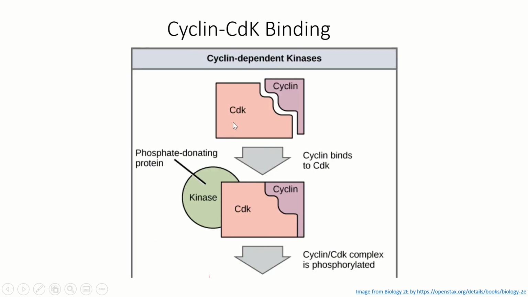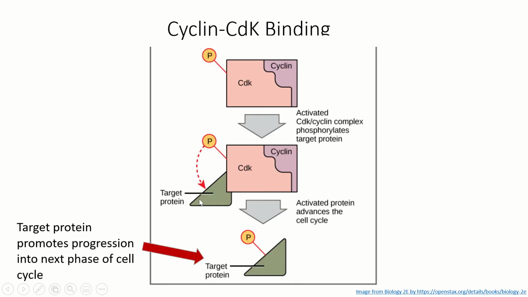So this kinase is going to have two binding sites, a kinase site and a target protein site. The phosphate group gets transferred, then unbinds from the cyclin-dependent kinase, and boom, is now phosphorylated and can go on to do another part of the cell signaling pathway.